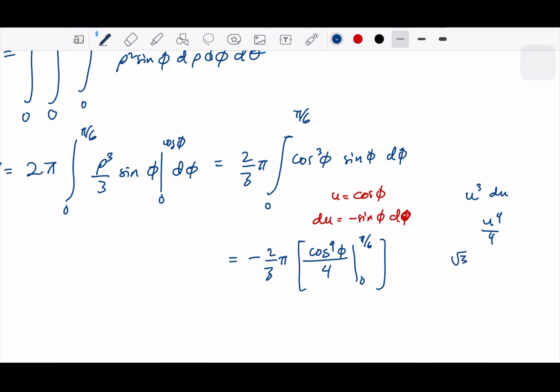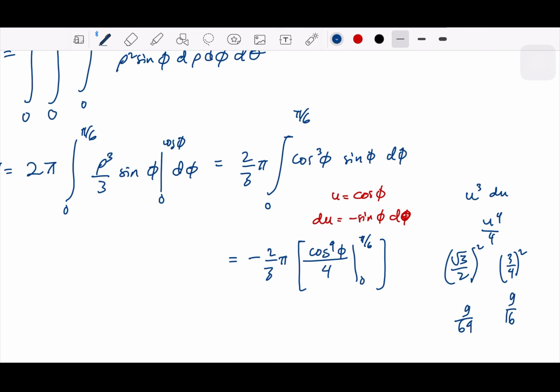So square root of 3 over 2 squared is 3 over 4, and squared again is 9 over 16. So 9 over 16, 9 over 64. This is then multiplied with the 1 over 3.